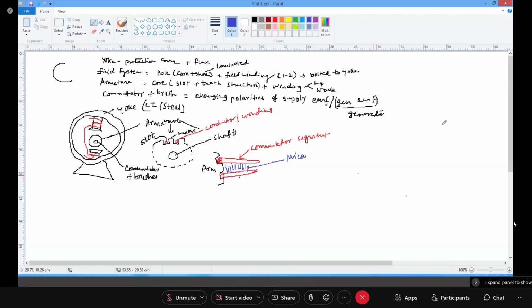On this commutator segment there are brushes. Please write a bit bigger. A labeling. This is the armature. Oh, there is a screen limitation. Otherwise, every time I have to first remove the board, connect the pen, and this is electronic.